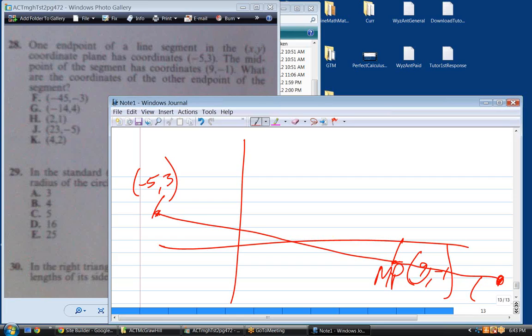We subtracted, because we want to find this distance. What is that distance of the x-coordinate only? 14. You don't have distances that are negative, ever.